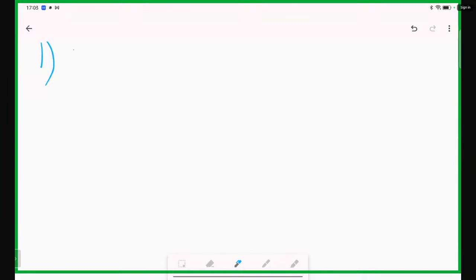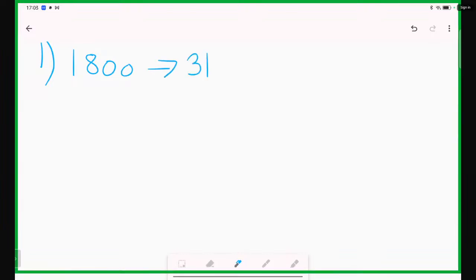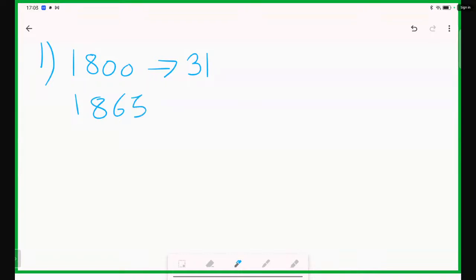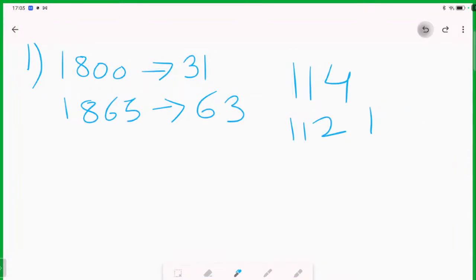In 1800, we had 31 elements. Around 1865, we had 63 elements. And as time passed, right now we have around 114 elements, and out of them 112 and 113 are man-made, newly discovered elements.